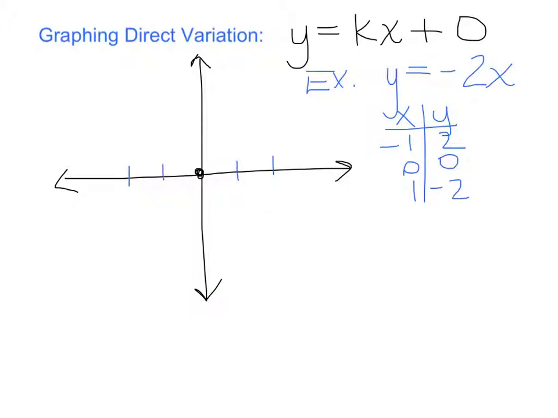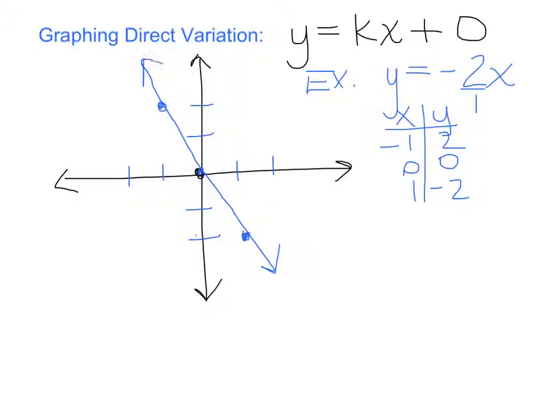Another way you can do this is, if you remember, this is slope-intercept. So you can start at 0 and then use your slope, which is -2 over 1, and go down 2 over 1. Or if you did the table of values, you would plot -1, 2, 0, 0, and 1, -2. And then you just draw your graph.